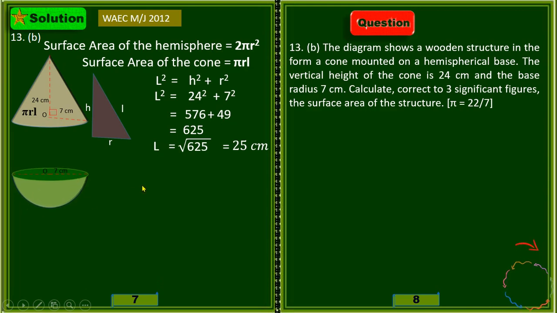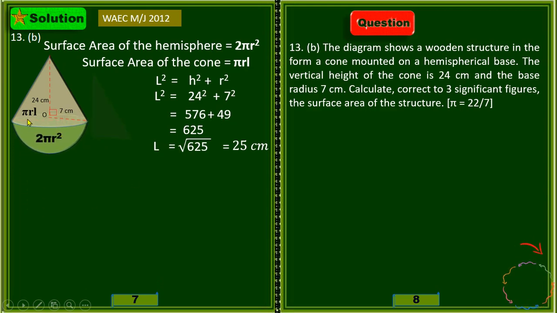Now let's join them back again. So we have our shape back. Then we're now going to write the formula for the surface area of the cone and the surface area of the hemisphere. So the total surface area will give us the curved surface area of the cone, plus the curved surface area of the hemisphere.